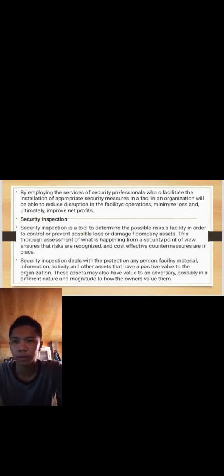Employing the services of security professionals who facilitate the installation of appropriate security measures in a facility will reduce disruption in facility operations, minimize loss, and ultimately improve net profit.